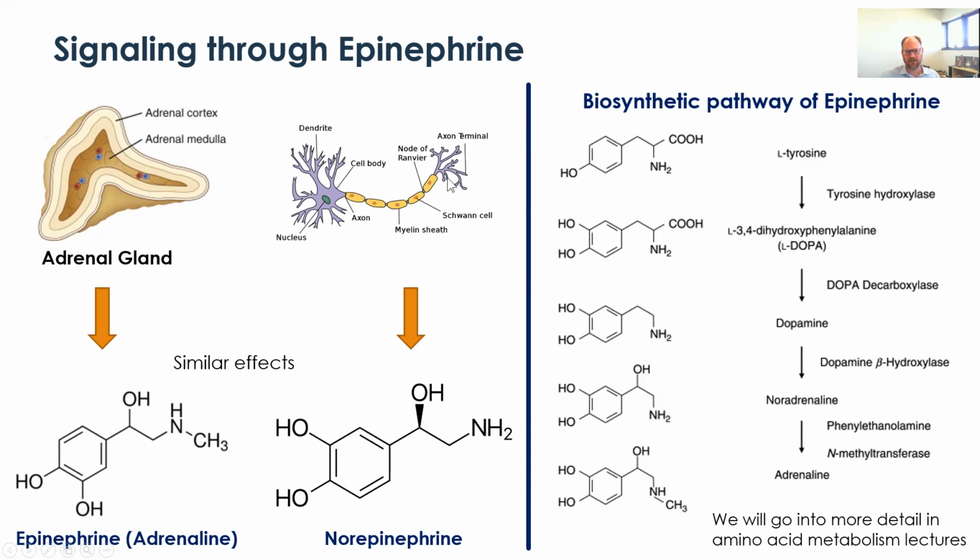It's just that norepinephrine is secreted by the nerves and is used as a neurotransmitter, and epinephrine is secreted from the adrenal glands and is used to affect metabolic activities in the fight or flight response. Both of them are synthesized from tyrosine, and they are good examples of modified amino acid derivatives. We'll learn more about how these amino acids are synthesized in later lectures.